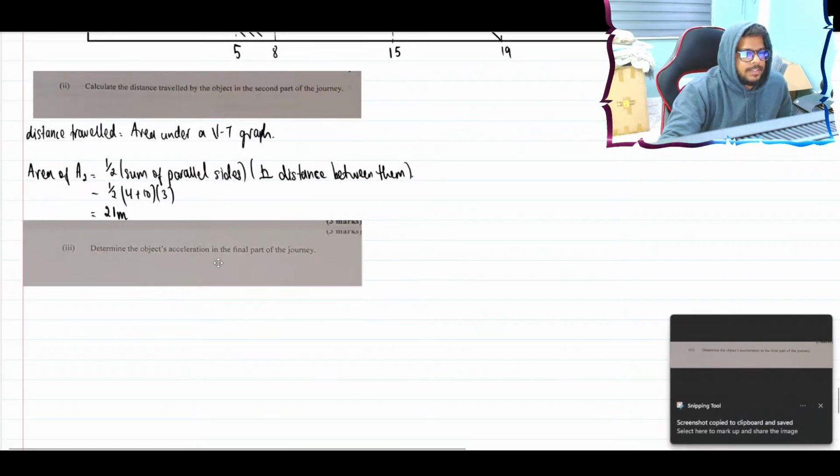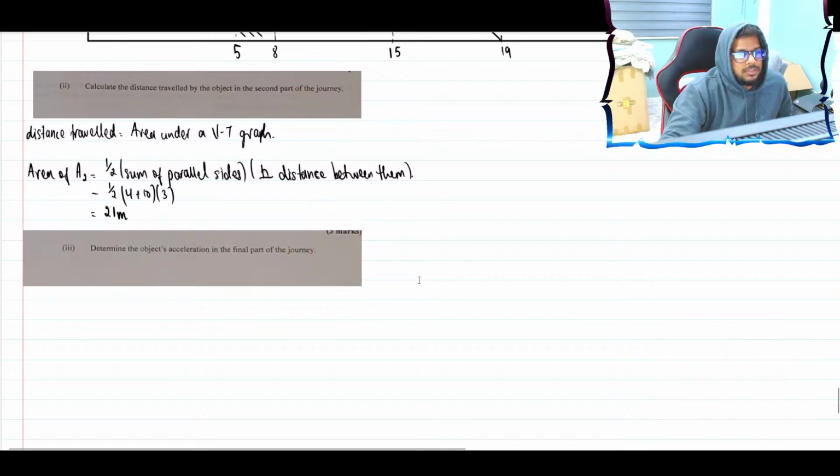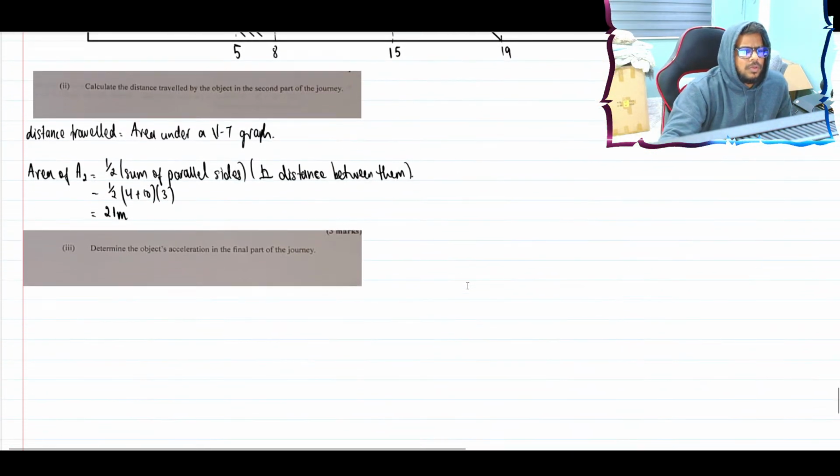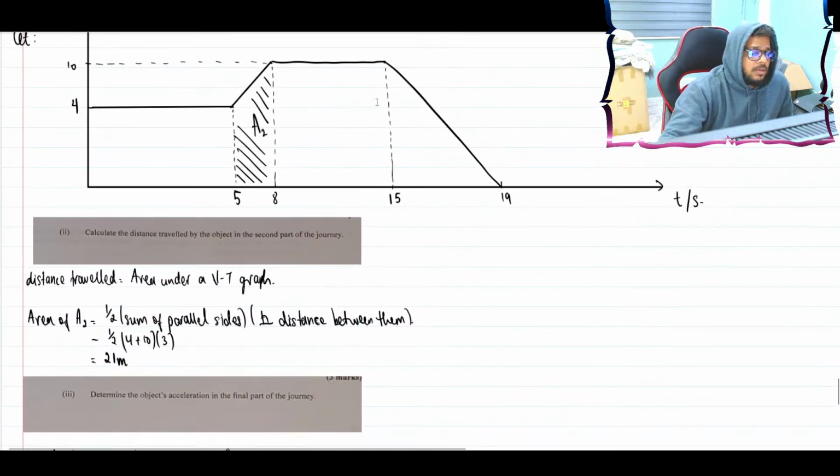Determine the object's acceleration in the final part of the journey. Well, that's not acceleration, that's a deceleration, or a negative acceleration. We know that acceleration is the gradient of a velocity time graph. Over here, you can use the formula y2 minus y1 over x2 minus x1. This is the point (15, 10).